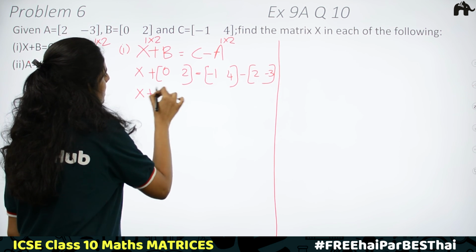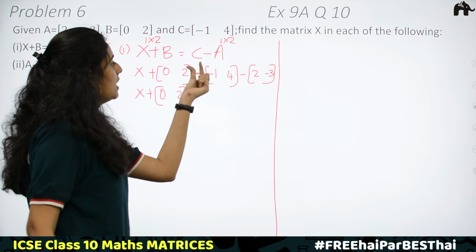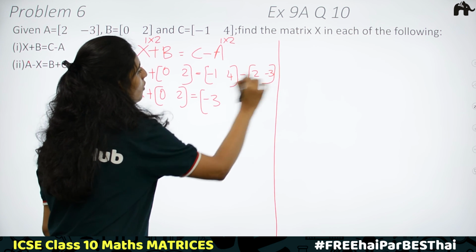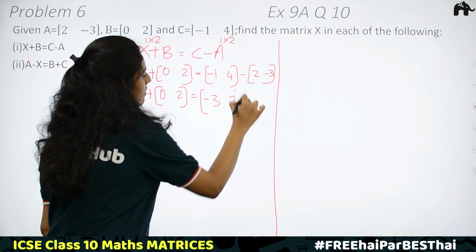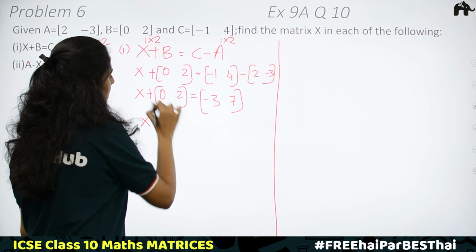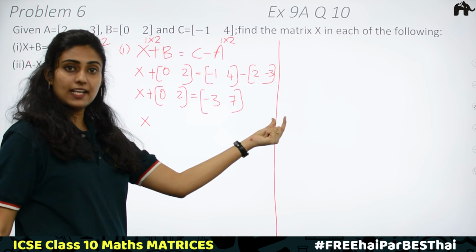X plus [0, 2] is equal to, subtracting, minus 1 minus 2, that is minus 3. 4 minus of minus 3, 4 plus 3, which is 7. Minus 3, 7. Now to find X, we can take this matrix to the opposite side. Here it is positive, it becomes negative then.